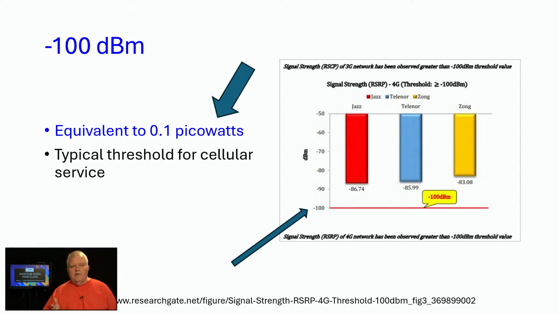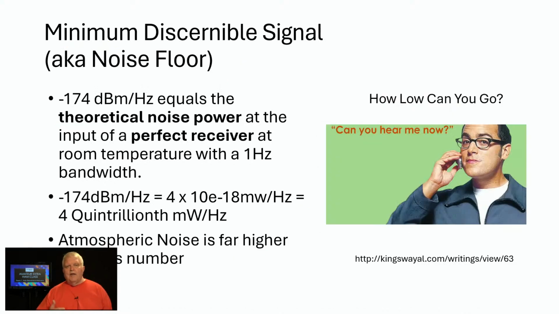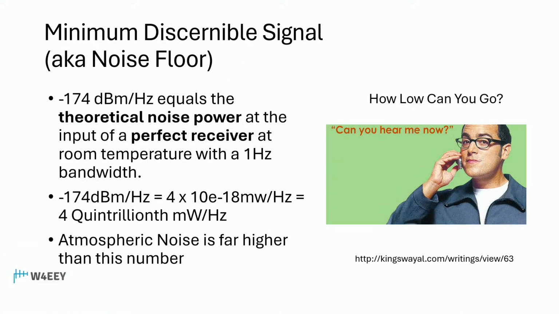Well, the question is then, Gary, how low can you go? And so the theoretical minimum discernible signal is minus 174 dBm for a 1 hertz bandwidth. Minus 174 dBm per hertz.